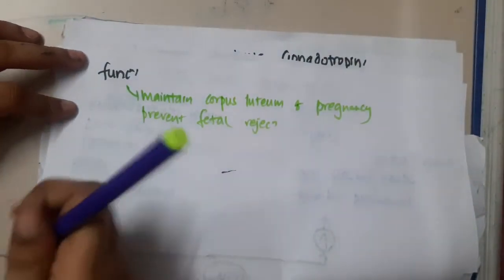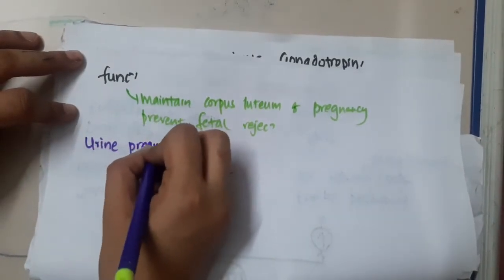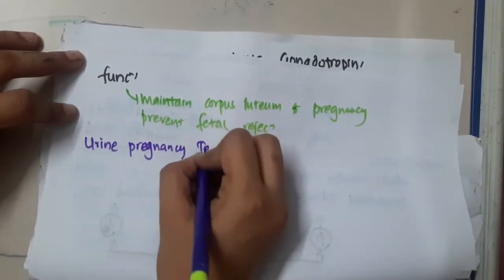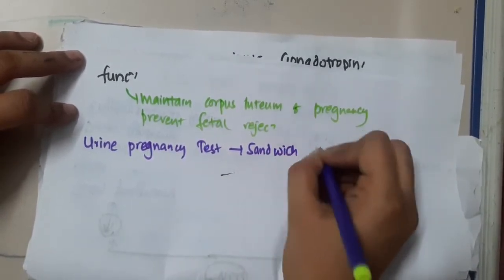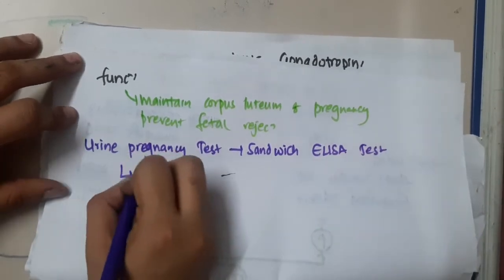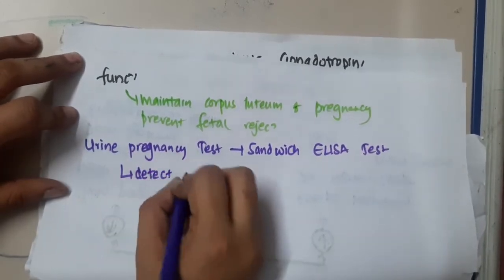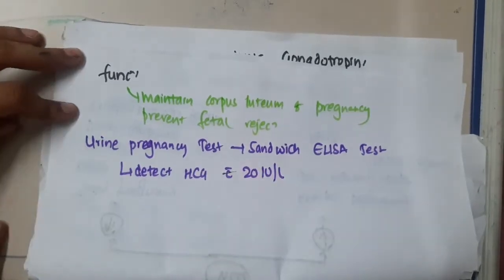Then what is the urine pregnancy test? Urine pregnancy test is a sandwich type of ELISA test. This urine pregnancy test will detect HCG at 20 international units per liter.